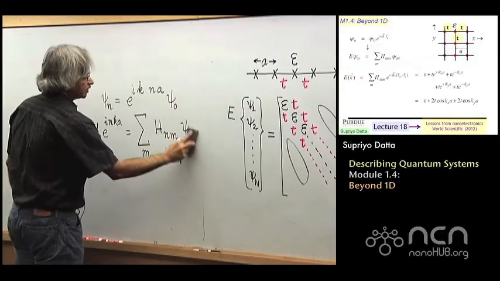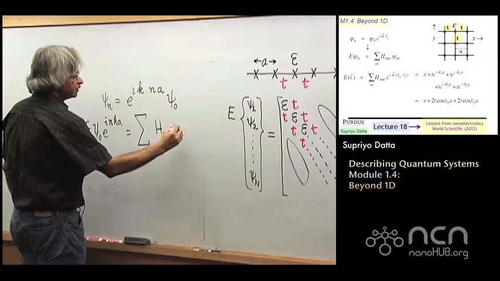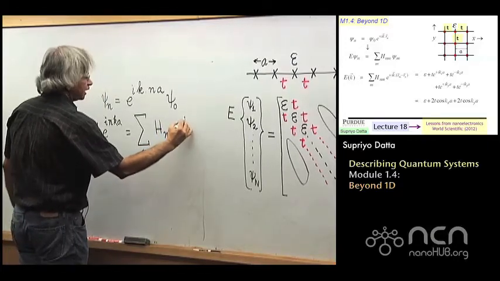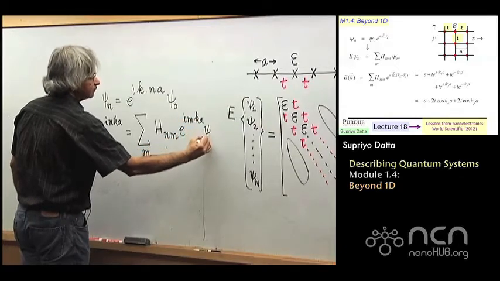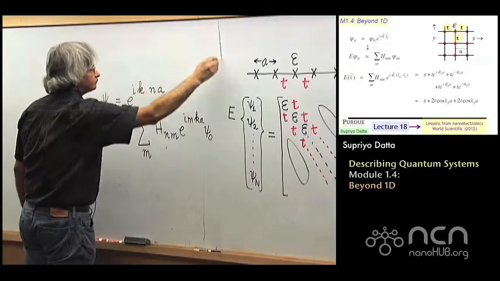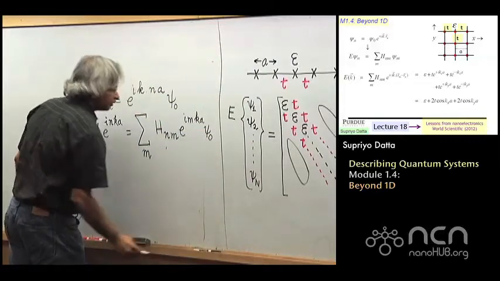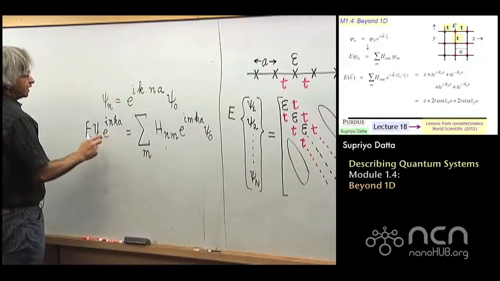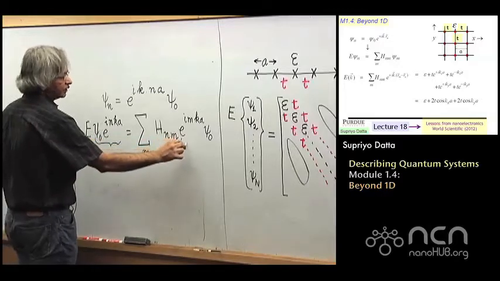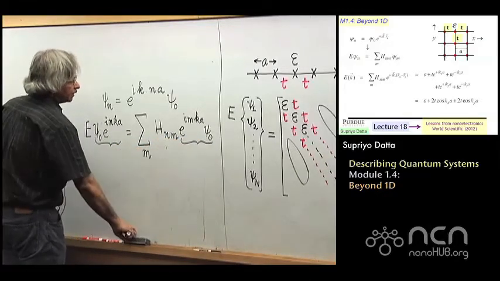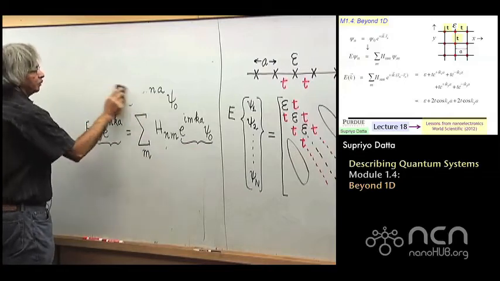And on this side, instead of psi m, I'll put e to the power I m k a times psi 0. So all I did is, instead of psi n, I put in this quantity. Instead of psi m, I put in that quantity. Okay.